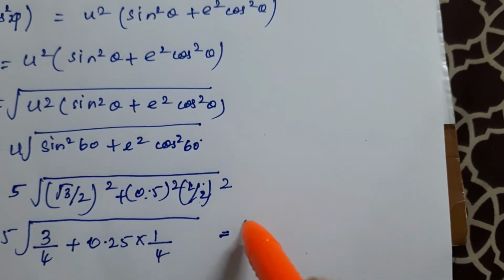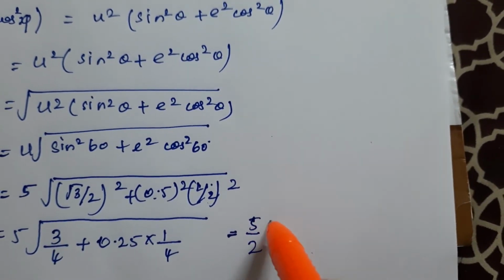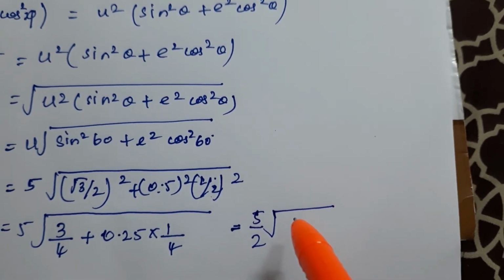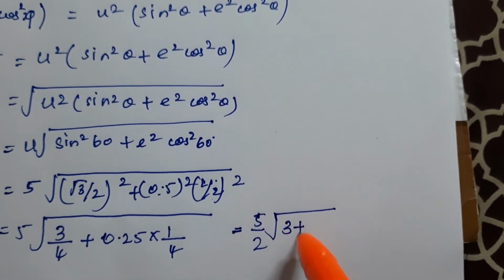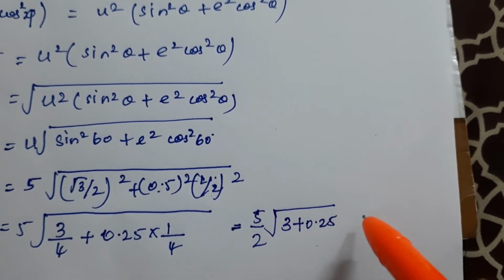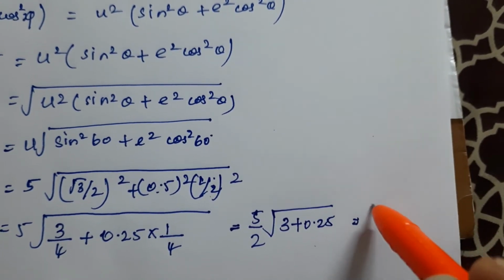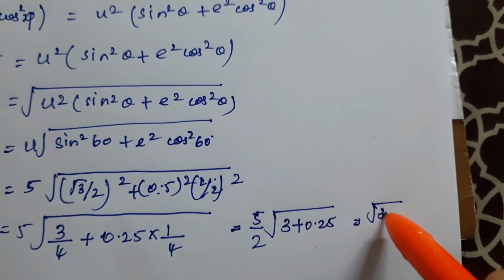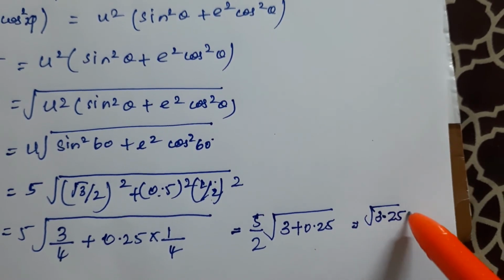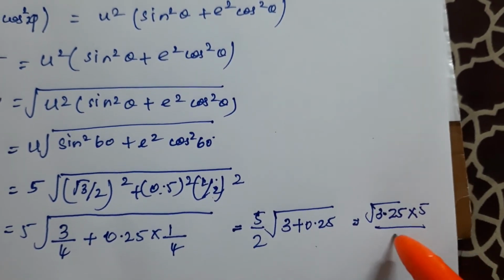So this is 5 by 2 into root of 3 plus 0.25. So you'll be getting root of 3.25 into 5 by 2.